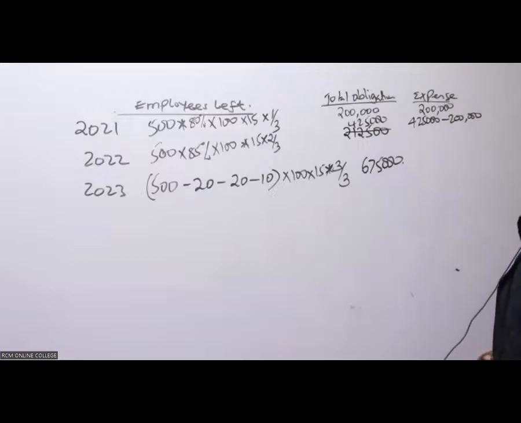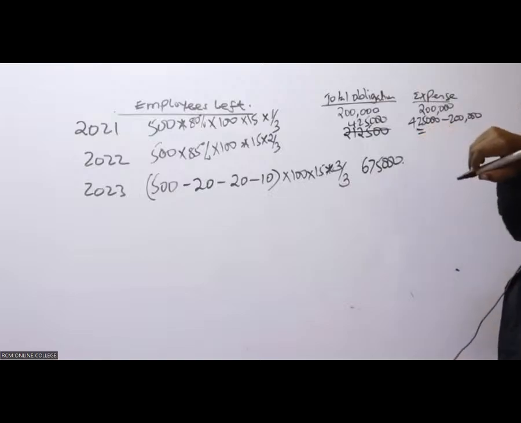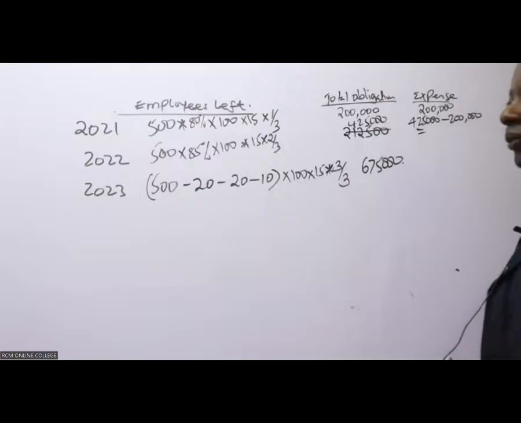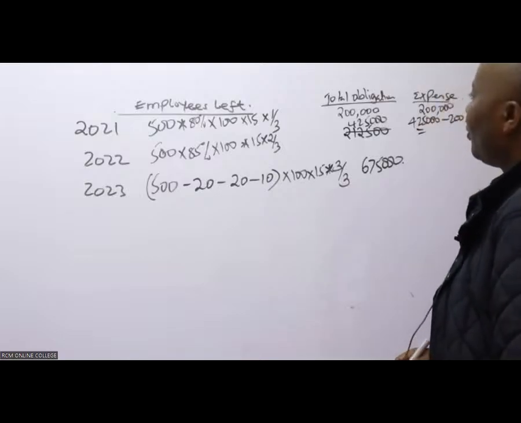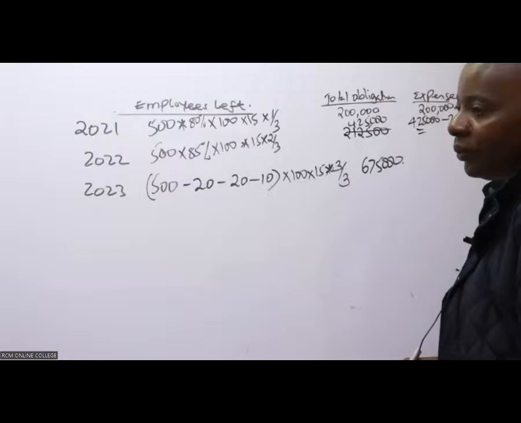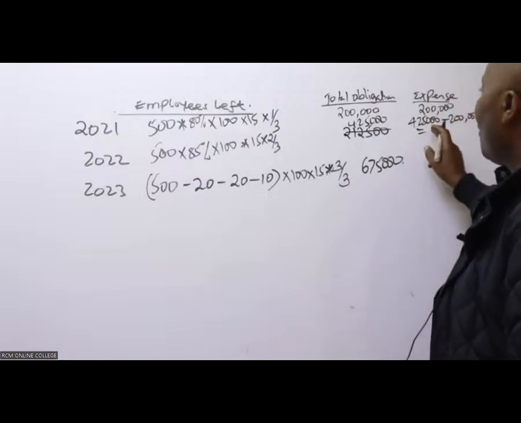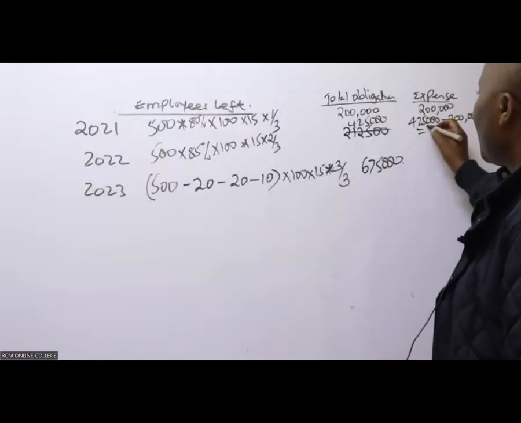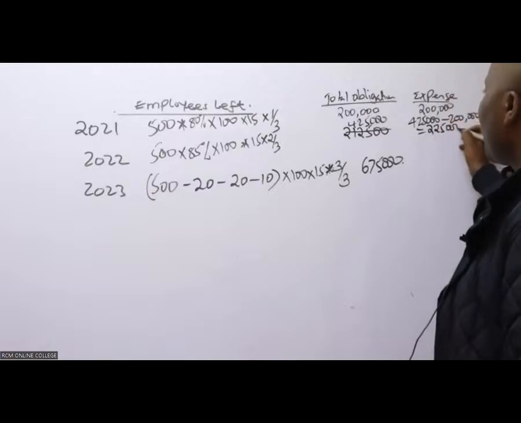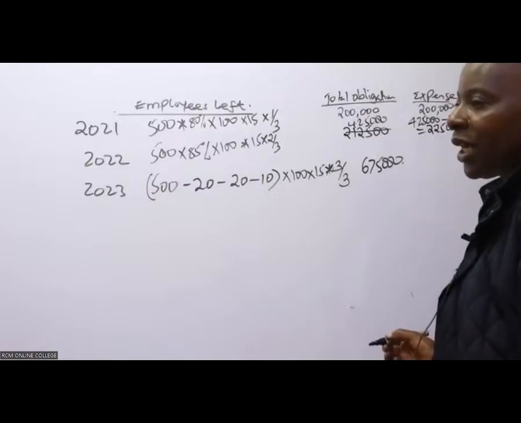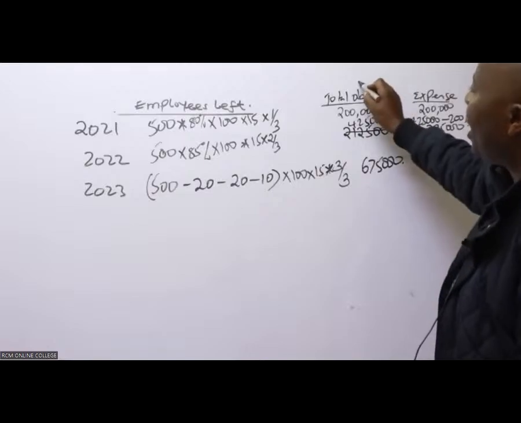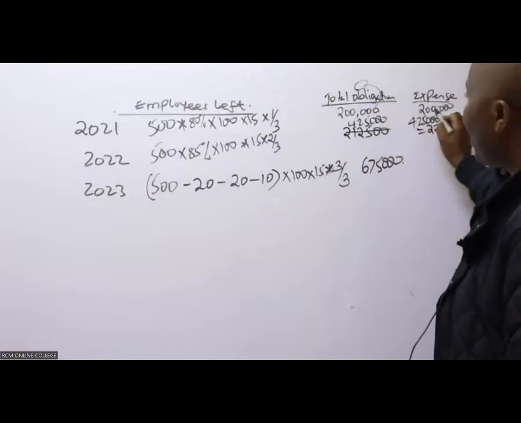You recognize the difference, which in this case, ladies and gentlemen, will be equal to who? Can somebody give me this figure here? 425,000 minus 200,000, that is 225,000. So remember, we're basically beginning from zero. The first year you recognize 200,000.